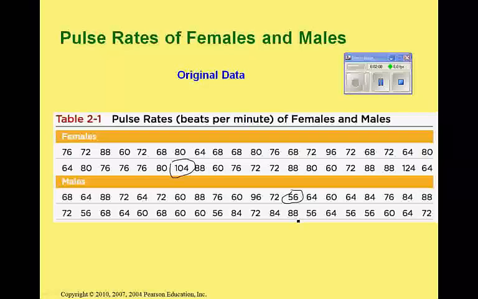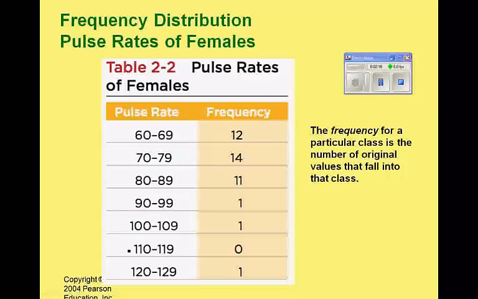But when you just look at a big group of numbers like this, it doesn't tell you all that much. And you want to somehow organize the data. And that's what a frequency distribution can help us do. So what we do when we do a frequency distribution is we divide the numbers into what are called classes. And so here there are 1, 2, 3, 4, 5, 6, 7 classes.